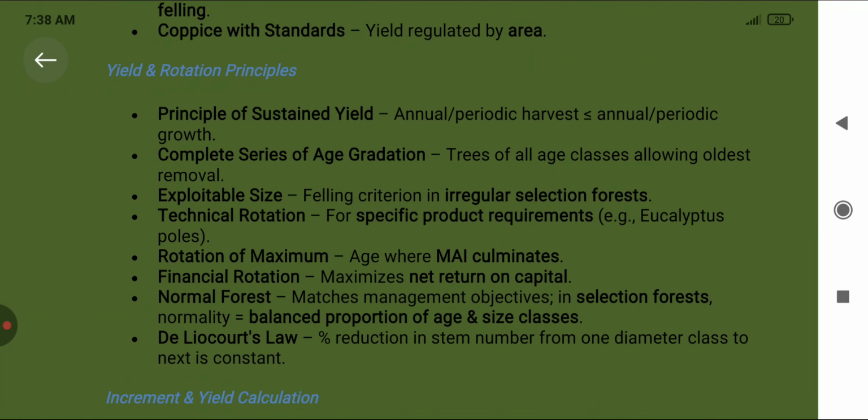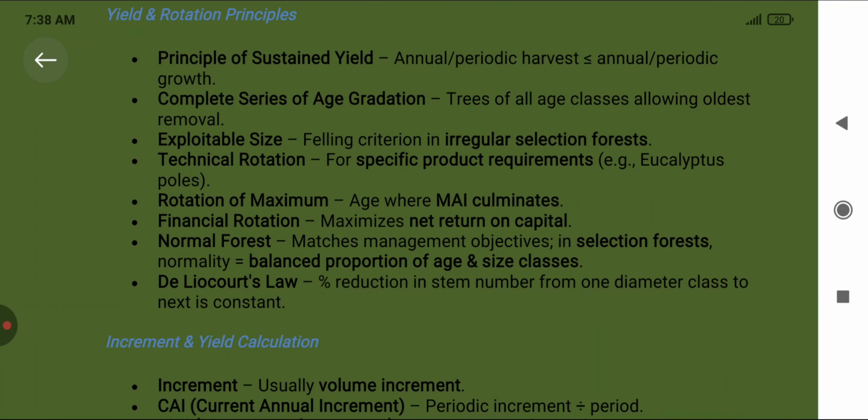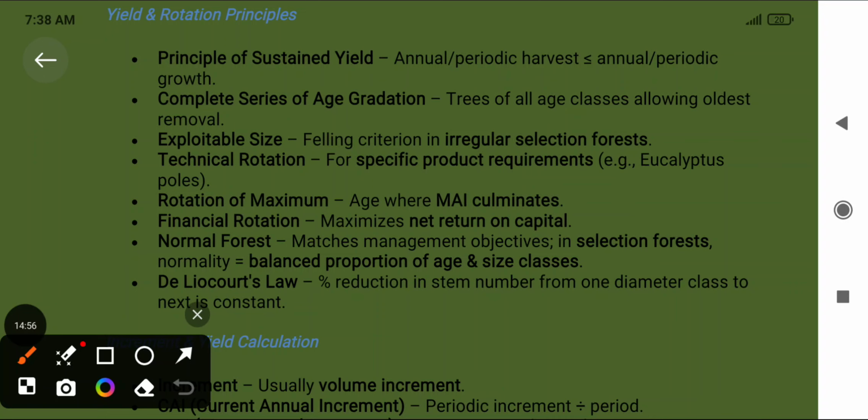Coppice with standard; yield regulated by area. And you can see principle of sustained yield: annual or periodic harvest, not annual or periodic growth; complete series of age gradation, trees of all age classes; allowing oldest removal. Exploitable size felling criteria in irregular selection system forest. Technical rotation for specific product requirement, eucalyptus poles. Rotation of maximum age where MAI culminates. Financial rotation maximizes net return on capital.